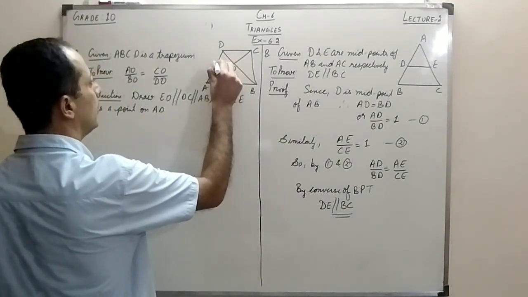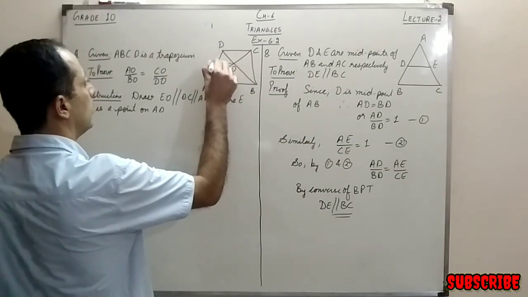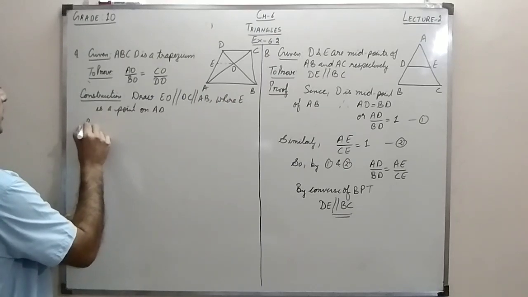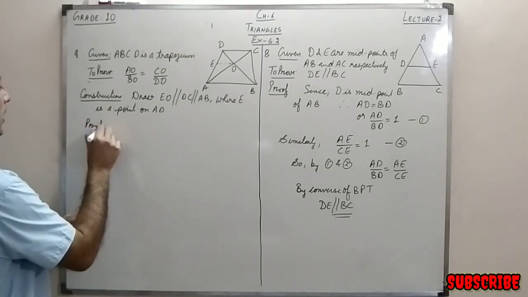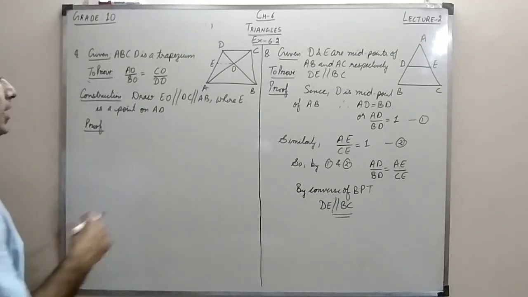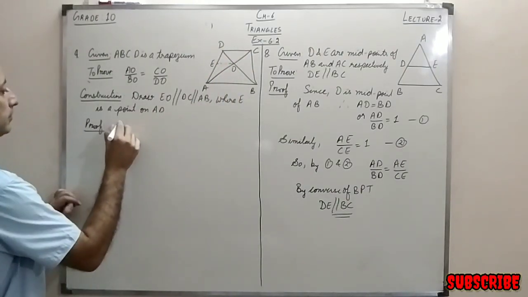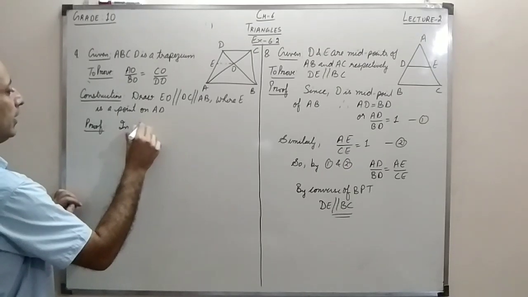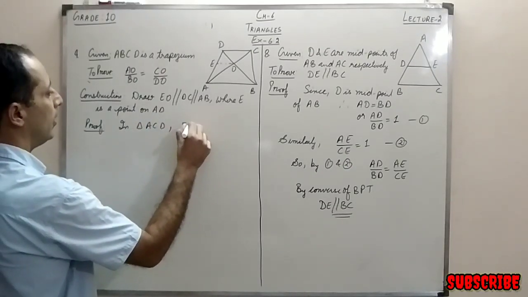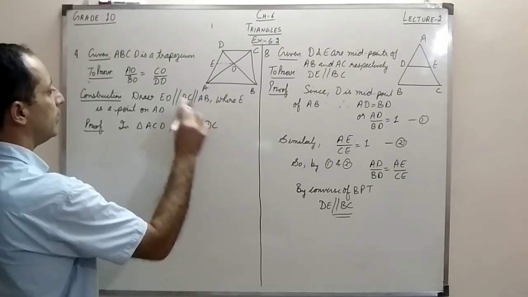So I just draw a line EO parallel, right? Now we can use the BPT and converse of BPT, either of the two, which will be used here. Let's see. If I take triangle ACD, in triangle ACD, I say EO is parallel to DC.